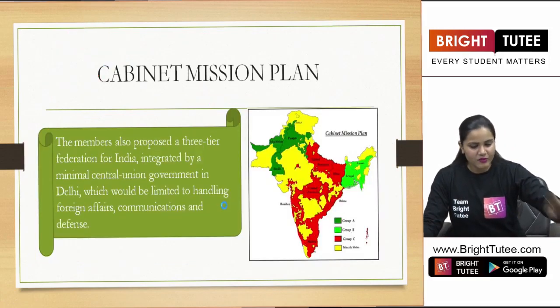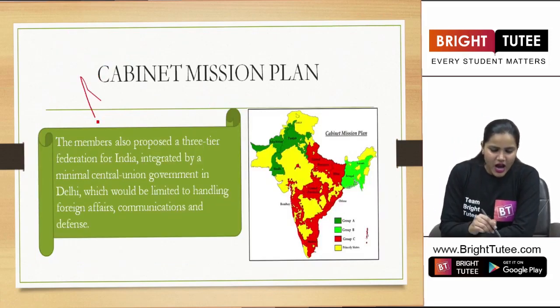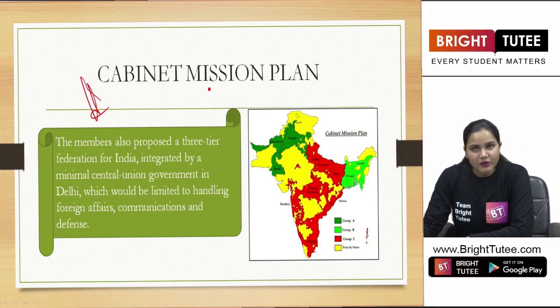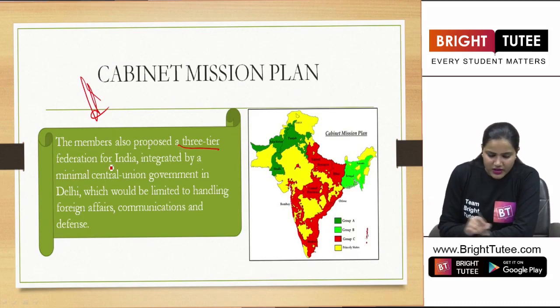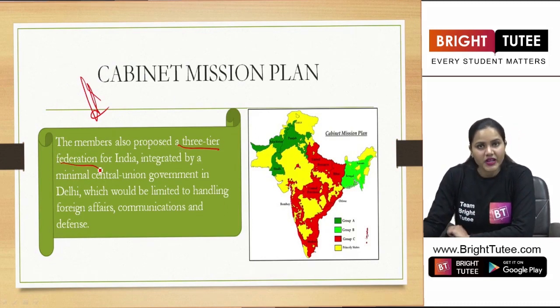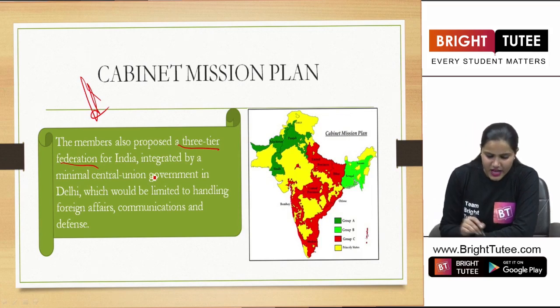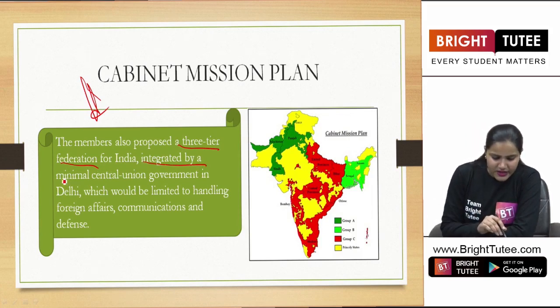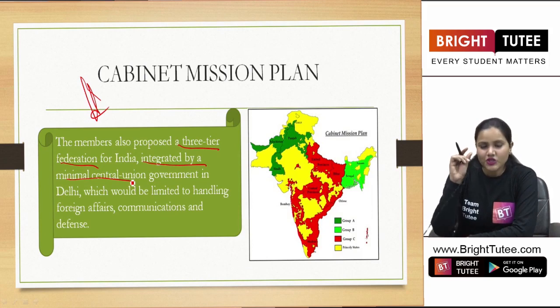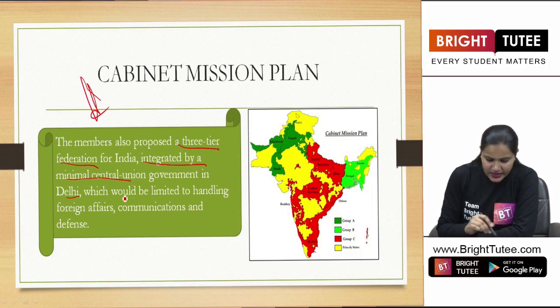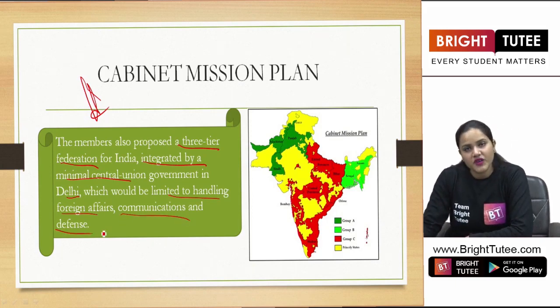However, they proposed a three-tier federation for India. It was to be integrated by a minimal central union government in Delhi, limited to handling foreign affairs, communications and defense.